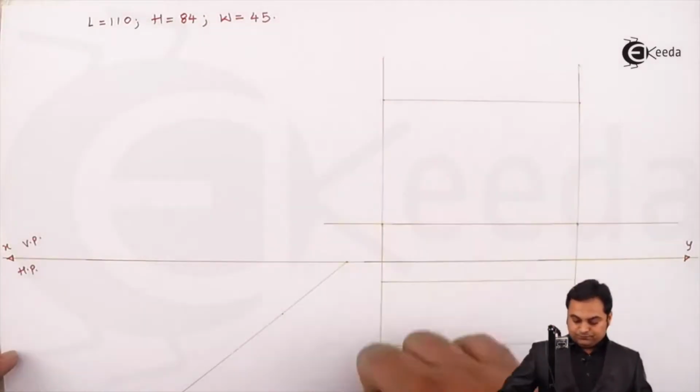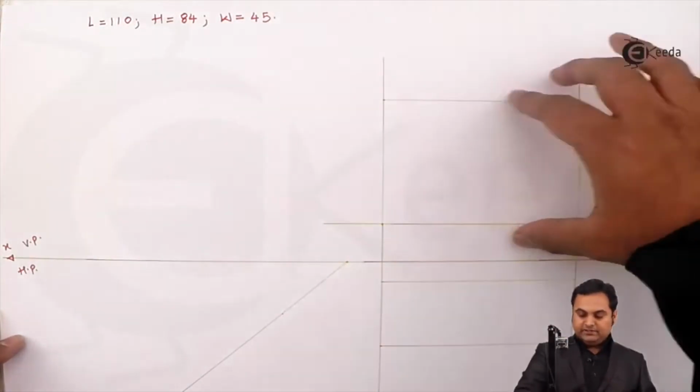So width will be projected from top view, height from front view.